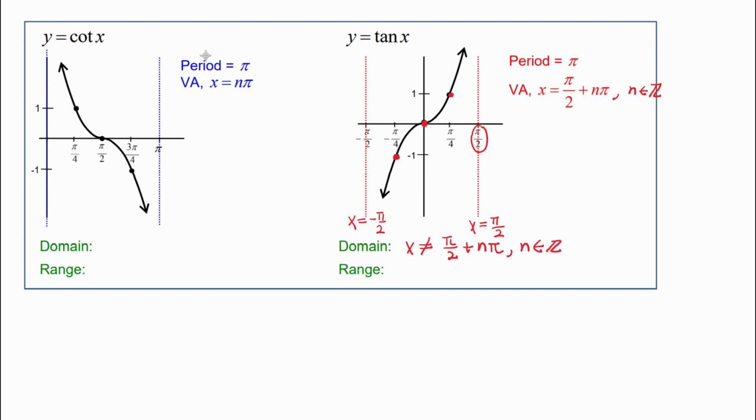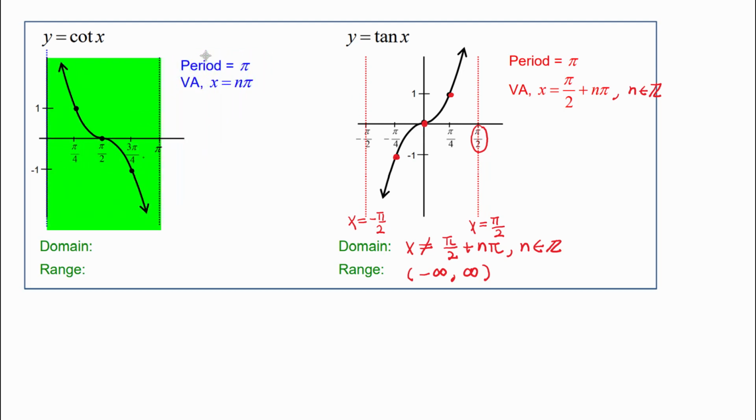And the range, as you see, the graph of tangent goes from negative infinity to positive infinity. So the range will be negative infinity to positive infinity.